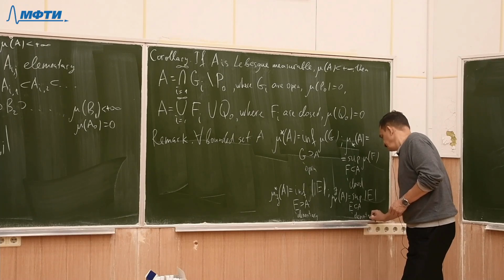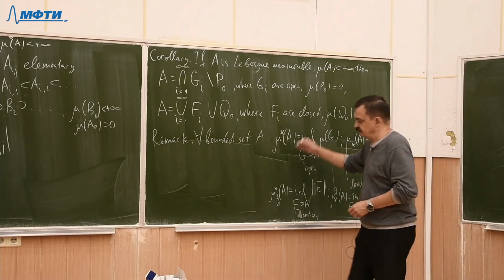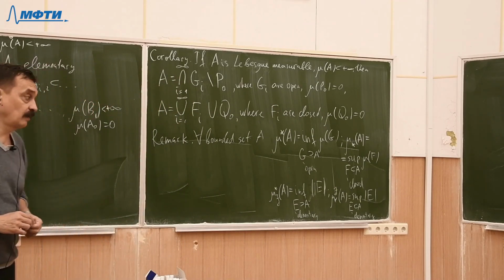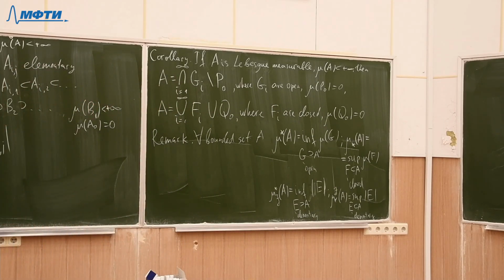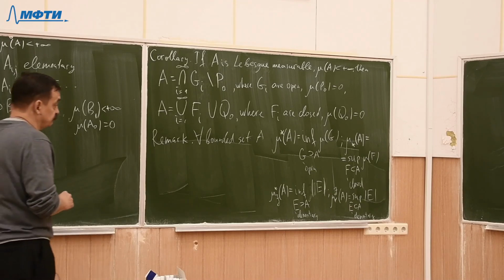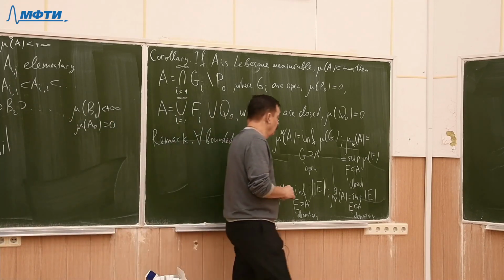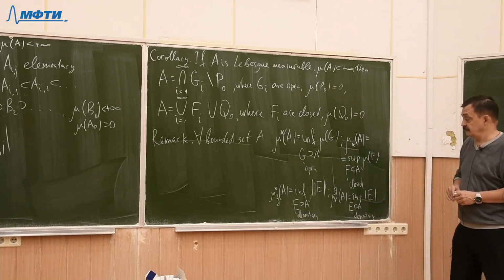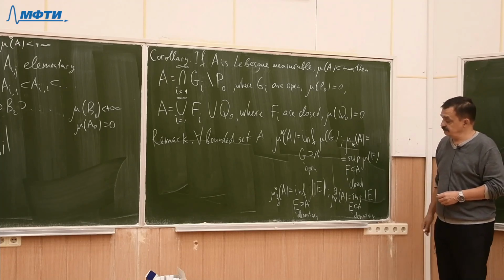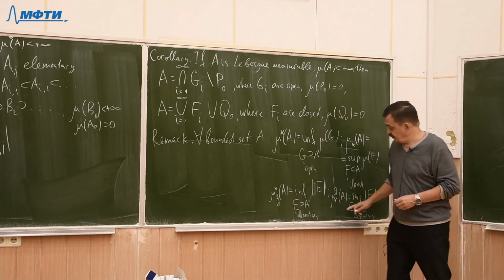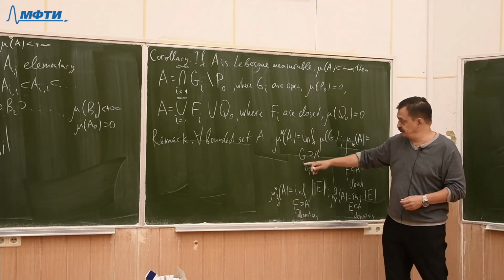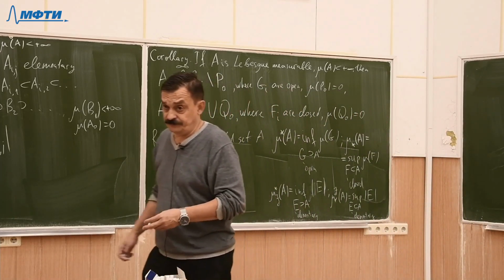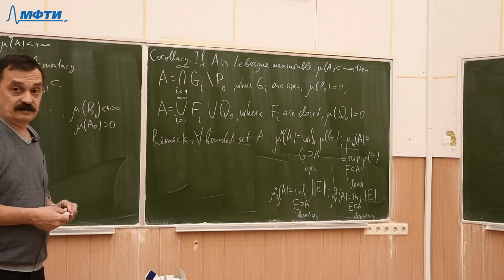So you see, that is another way to define Lebesgue and Jordan measures of sets in R^n. It is quite similar, but for Jordan measure we take elementary sets, and for Lebesgue measure we take either open or closed sets, and that is another way to define Lebesgue measure, in fact.